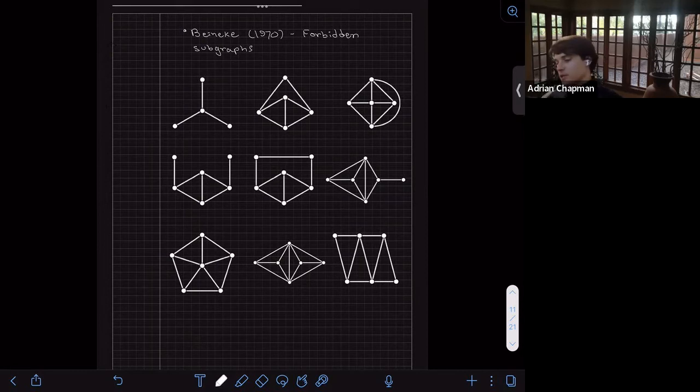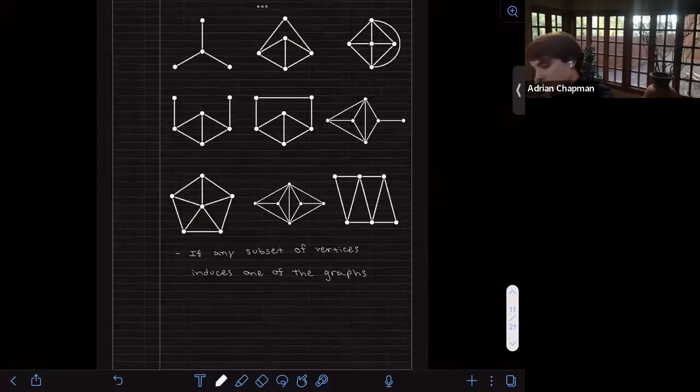So if any subset of vertices induces one of the graphs above, the full graph is not a line graph.